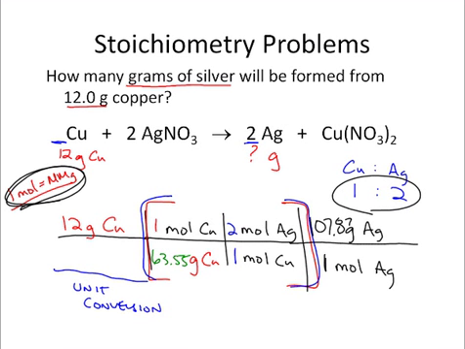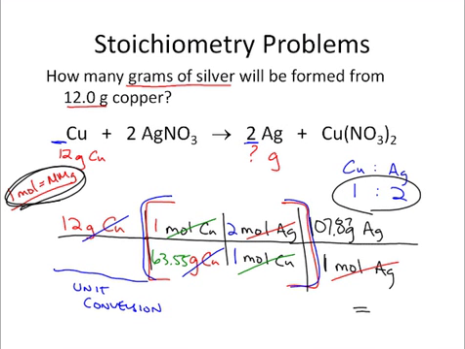We start off with grams of copper, and that cancels out with grams of copper. After that, we went to moles of copper, and we cancel out moles of copper with moles of copper. After that, we ended up at moles of silver. And I want to cancel out moles of silver and end up with grams of silver. So in your calculator, you're going to multiply everything in the top by each other.